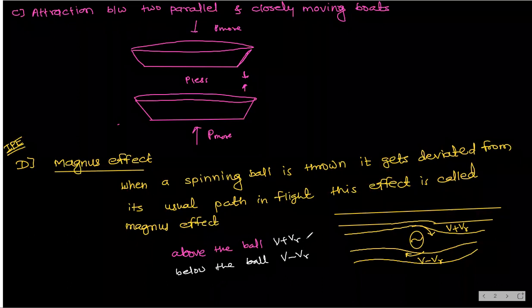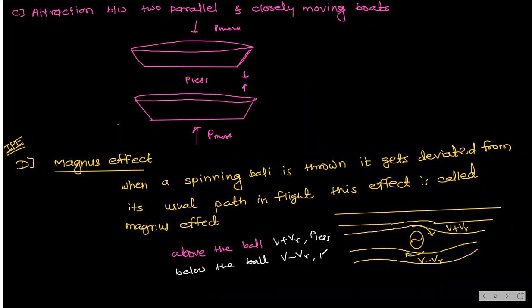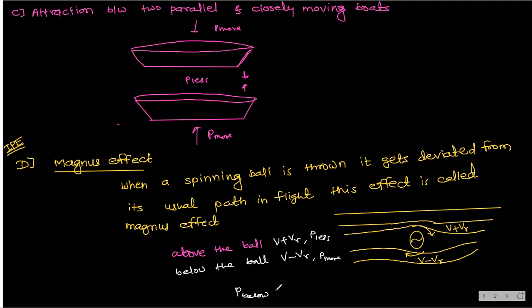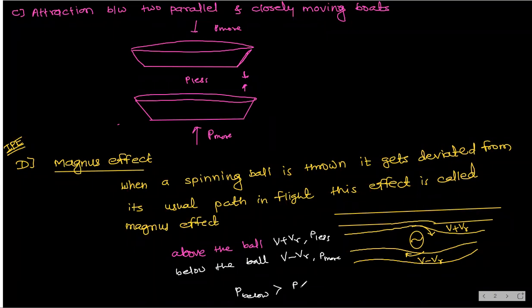And that's why p is less above, and p is more below, and due to this it gets deviated from its main path. So p at the bottom is greater than p above the ball, and due to this pressure difference the ball will deviate from its main path, where vr is equal to r omega.